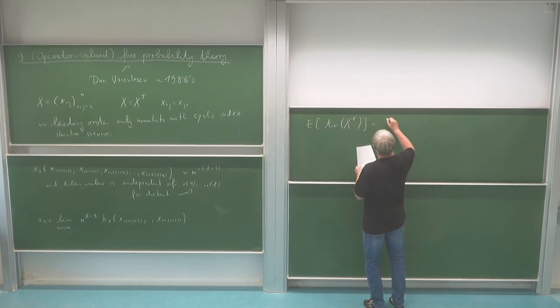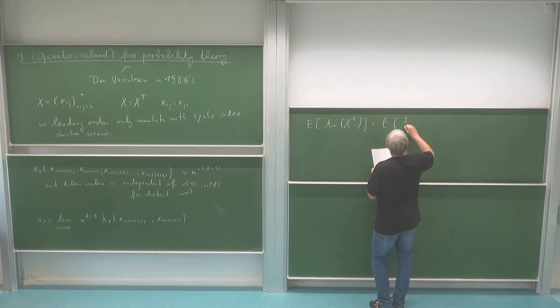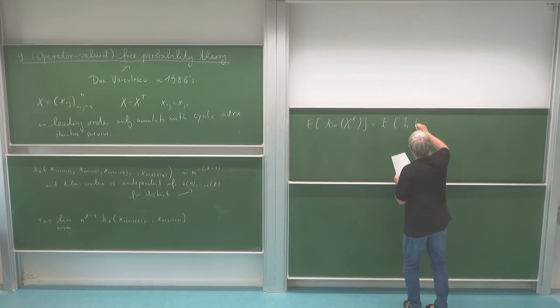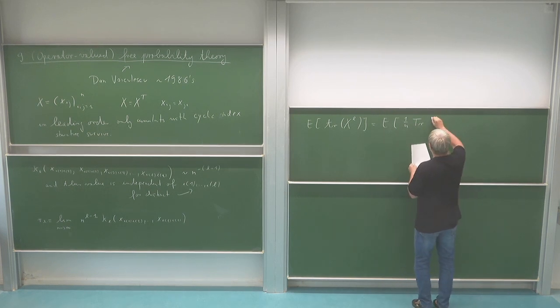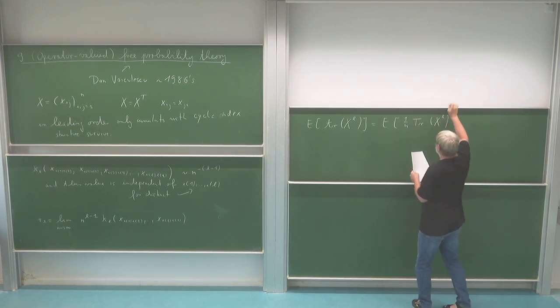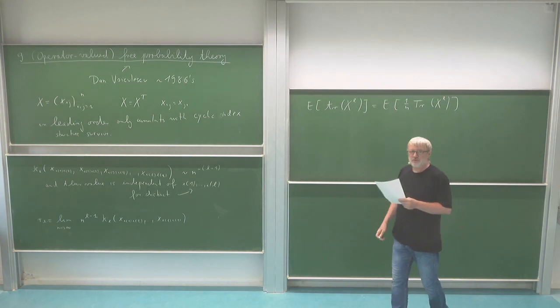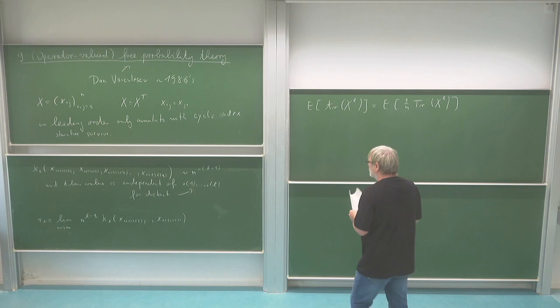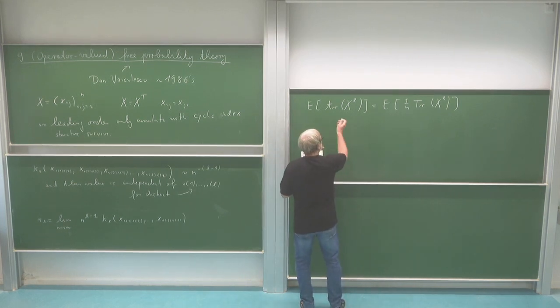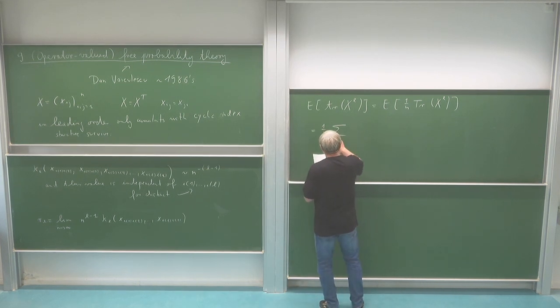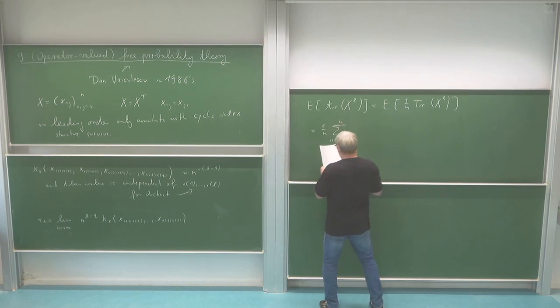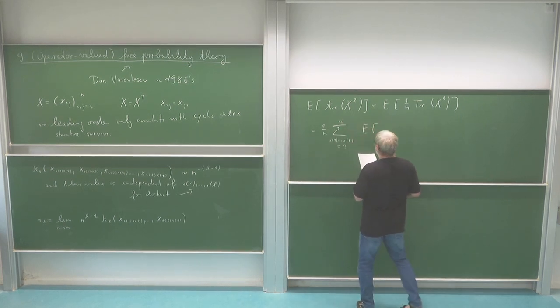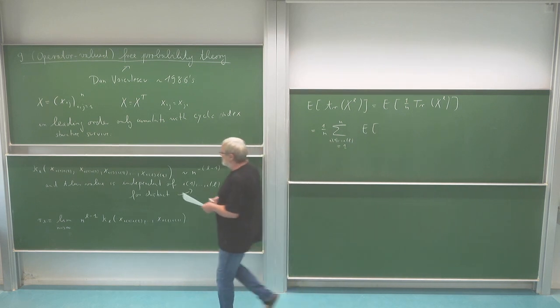And of course, so this is the expectation of 1 over n. This is the normalized trace, so this is 1 over n times the usual trace of x to the L. And then I can write the trace of x to the L in terms of the entries of my matrix. Taking out the 1 over n, I have now a sum over indices, namely exactly L of them, I1 up to IL, all running from 1 up to n. And here I take the expectation of a product.